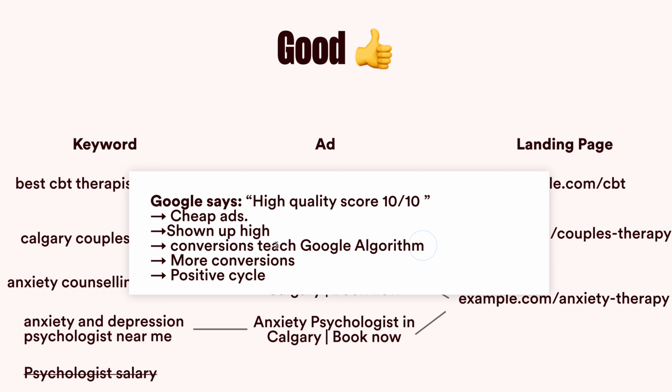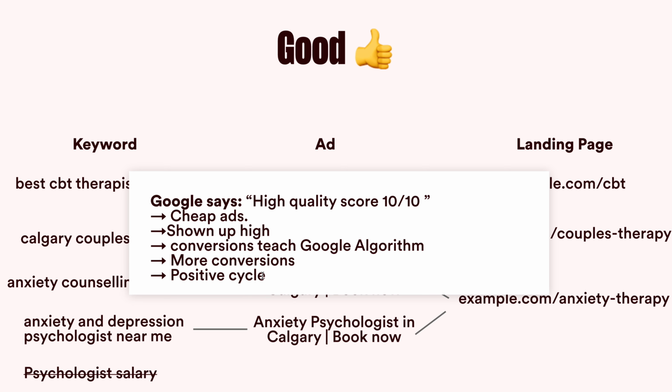Conversions teach the Google algorithm which placements and what works and what doesn't, and Google will automatically allocate your clicks and your budget to what works, meaning the audience that will convert. You will get more conversions, and you get this kind of positive cycle, and all your competitors will be really depressed and anxious, and you will be really happy with all the conversions you are getting.